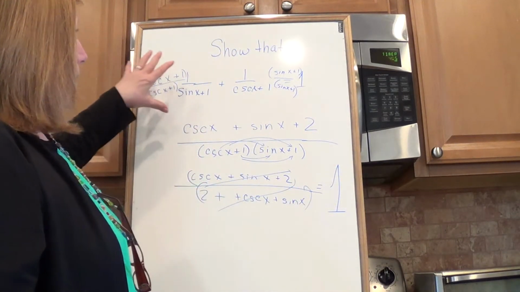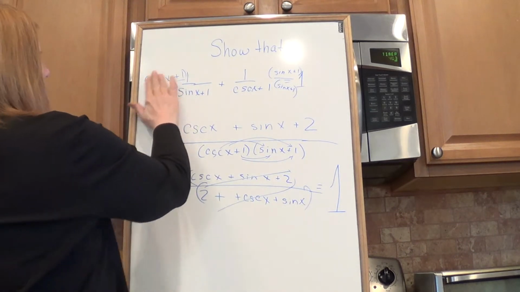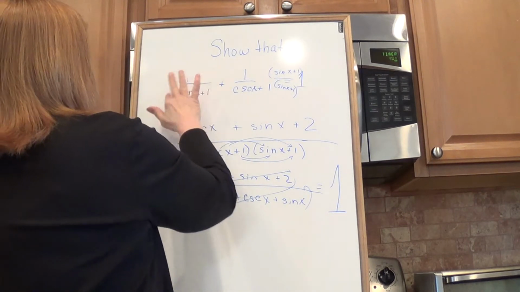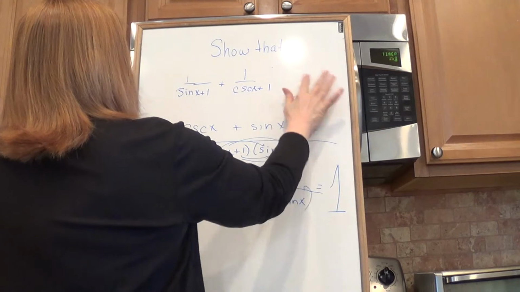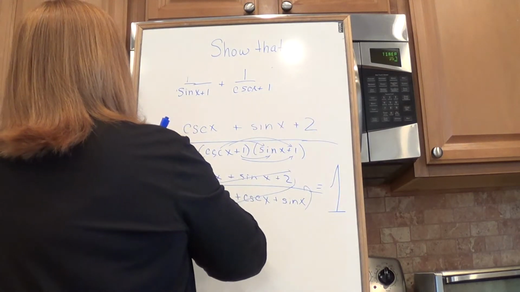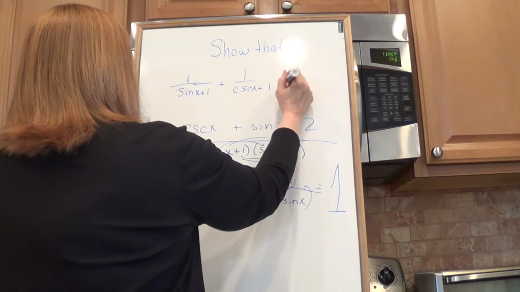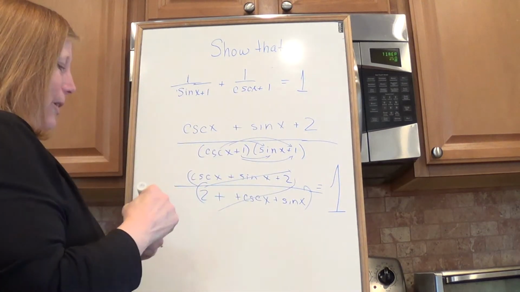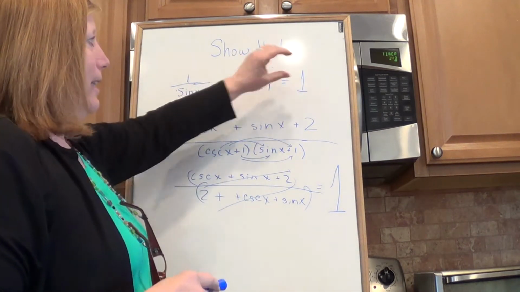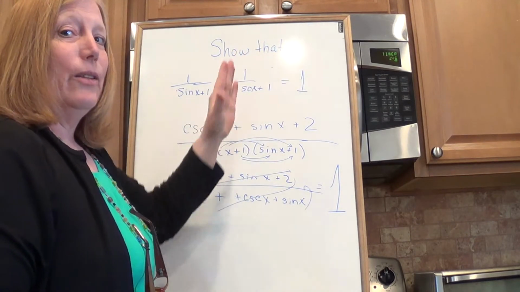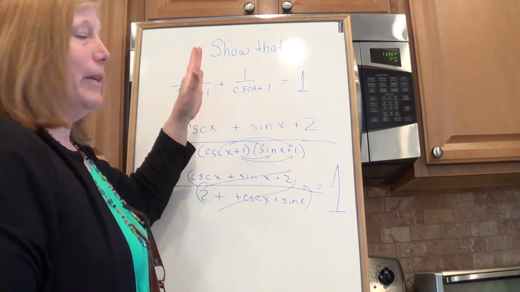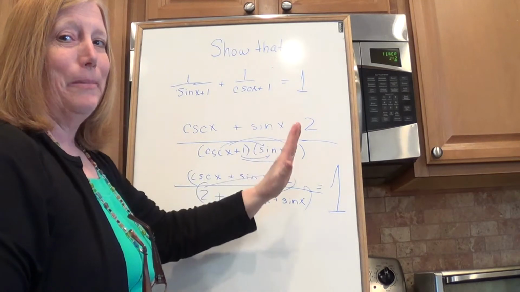So in the very beginning, we were asked, let me get rid of some of my initial steps here. In the very beginning, we were asked to show that this equals this. And so the problem was stated and the answer was stated. And the work for a show that problem is all the steps in between.